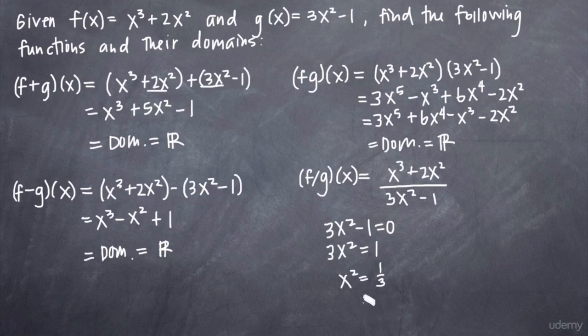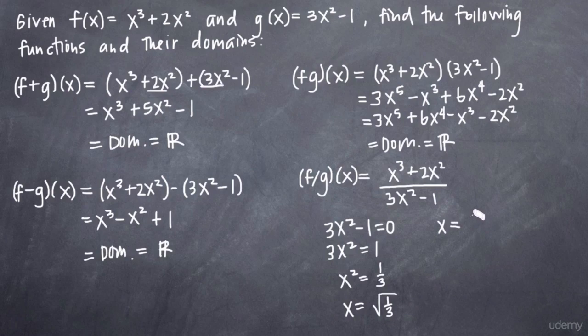And then we want to take the square root of both sides to solve for x. So we'll get x equals the square root of 1/3. And remember that when we're taking the square root of a fraction like this, of a quotient, we can take the square root of the numerator and the denominator separately. So we'll get x equals the square root of 1 over the square root of 3.